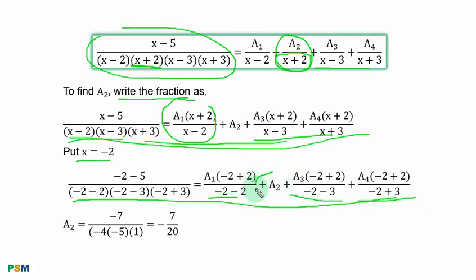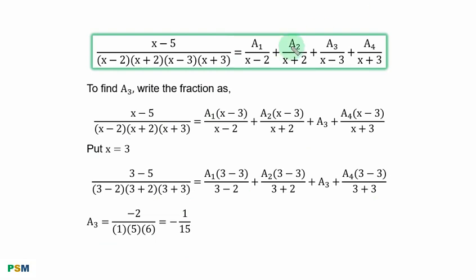You are left with A2 equal to the left hand side, and you have −7 over 20. −4 times −5 is 20, times 1, it is 20. You have −7 over 20 as the value of A2.